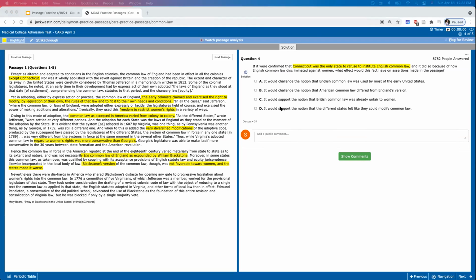Okay, so we have C and D. Okay, let's look at those. A and B don't really support these because this doesn't challenge the notion that the common law was used by most of the early United States. That's not challenging it. And it's also not challenging that it differed.